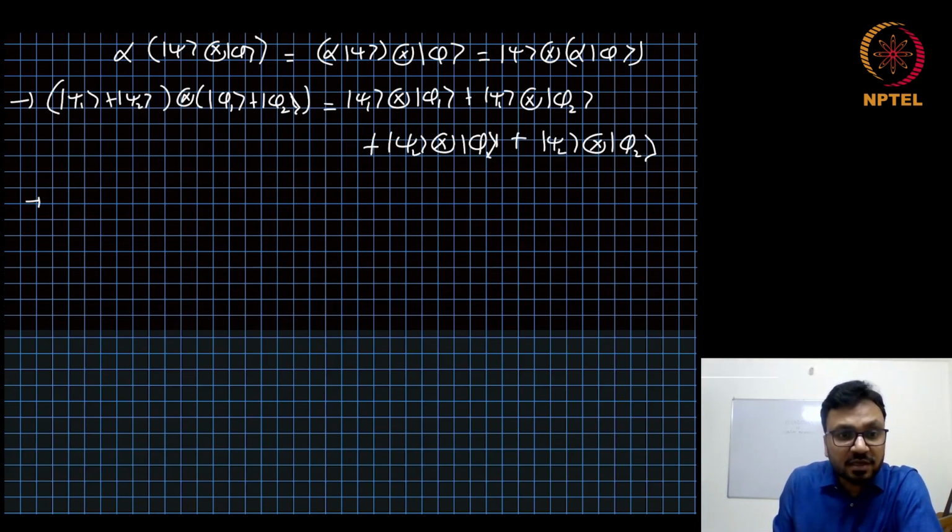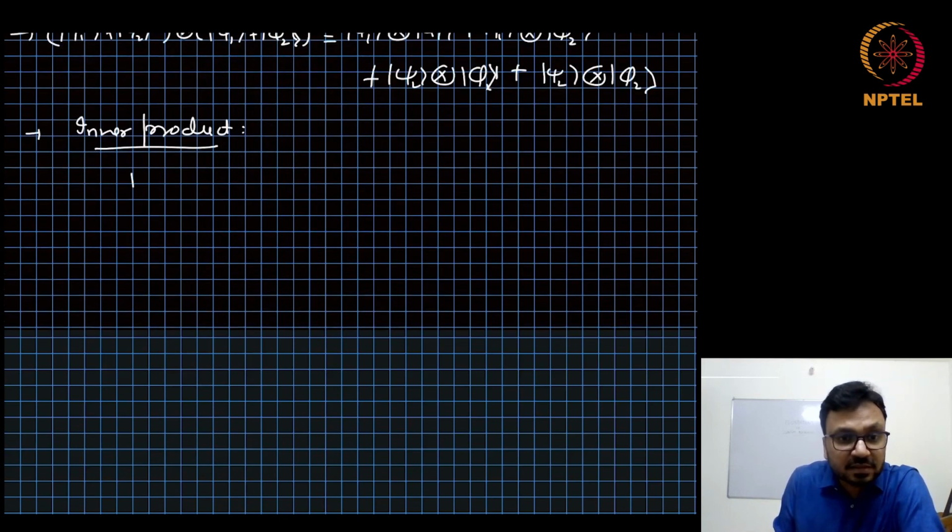We can have an inner product. Let us say we have two vectors, psi1 tensor phi1 and psi2 tensor phi2, and we want to calculate the inner product.